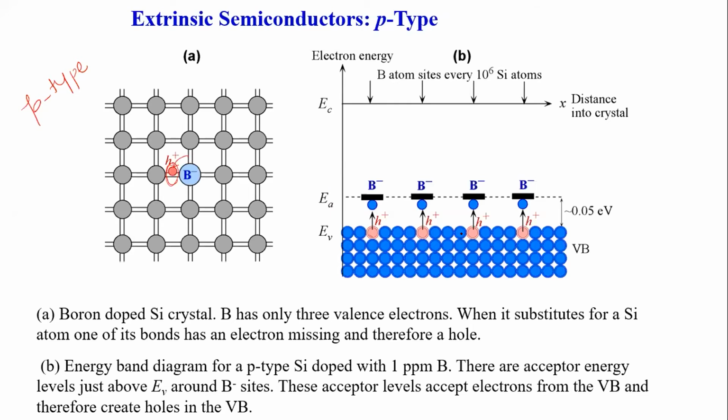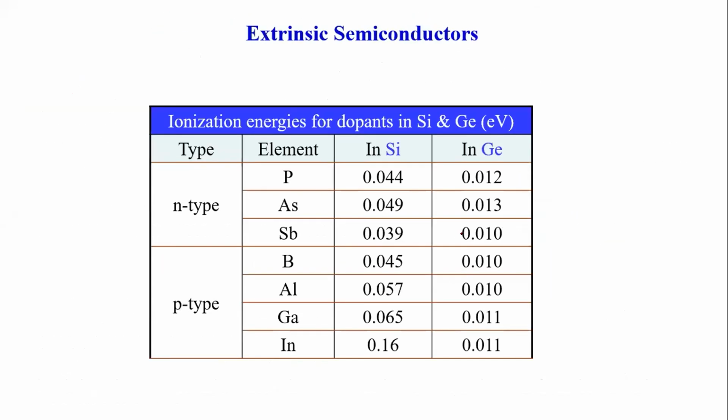Now these are the different dopants commonly used in the industrial process for silicon and germanium. You can see that for germanium the energy is a little less for the same dopant. It depends on the system.